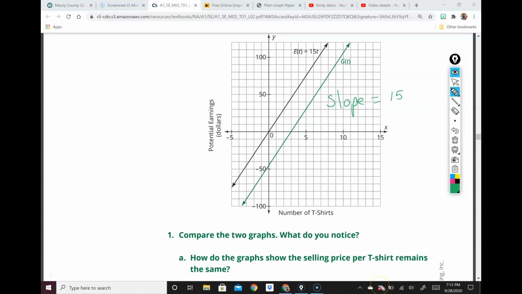We see with this second equation that it's also 15. So this slope represents the black line, which is the original.